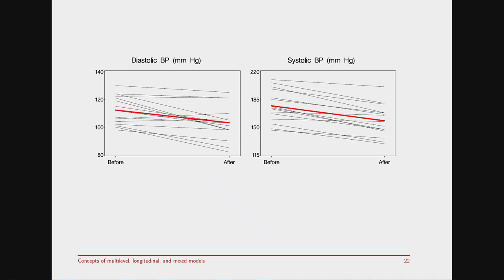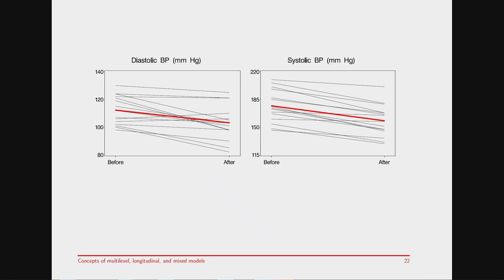And this is how we typically will represent these data graphically. Look at these two plots, they're very similar to what you see here. So what we will always do is we will connect the observations that belong to the same subject. I mean, you could also make a scatter plot, and then you would have 15 dots here and then 15 dots there. But then you would not see which observations belong to which subject.